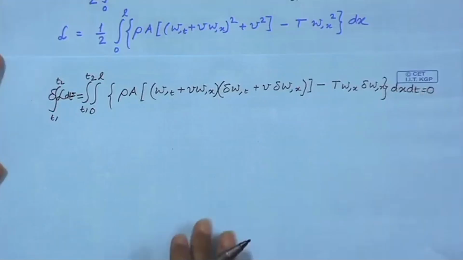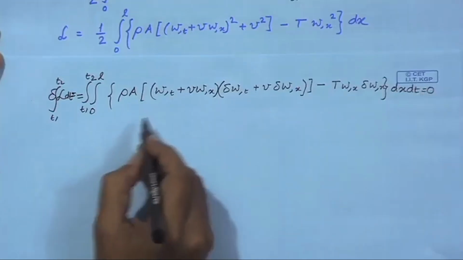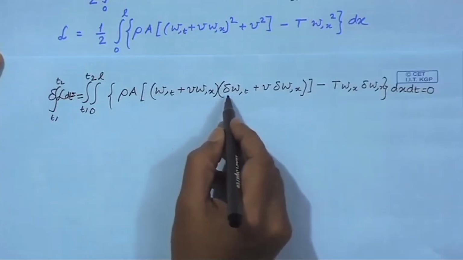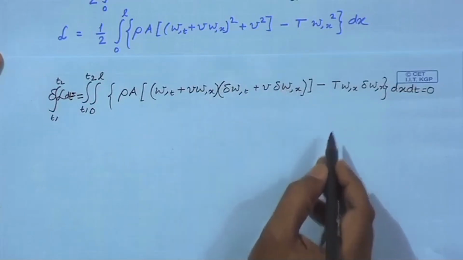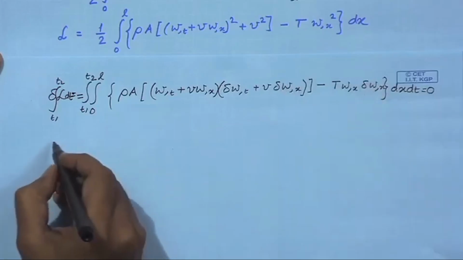So, this must vanish. Now, I integrate by parts this term with respect to time, this term with respect to the space, and again this term with respect to space.